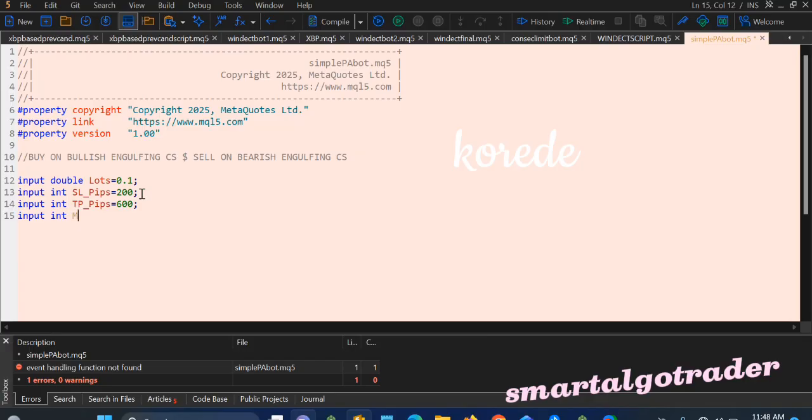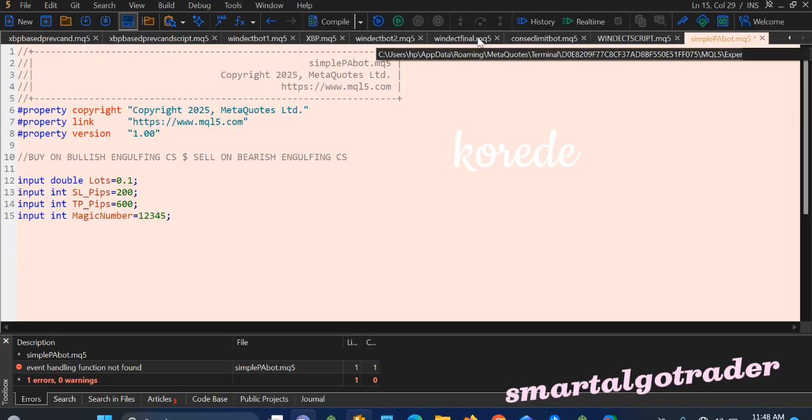So there's something we call the magic number. Do you understand? Magic number is what we use to represent the trades taken by a particular trading bot. Imagine I'm using three trading bots on a particular account, for example previous candle script, previous candle SVP, and Windex final.